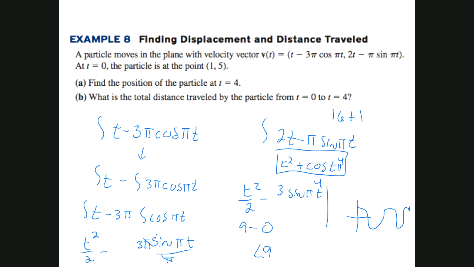Because if you put 4 here, gotcha, and then sine is going to be 0. Okay, and then how did you get 6?